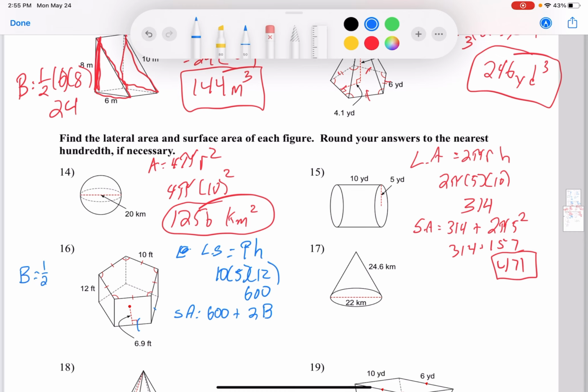So that's 25 times 6.9. So that's 600 plus 2 times 172.5. Add those together. And you get 945 feet squared.